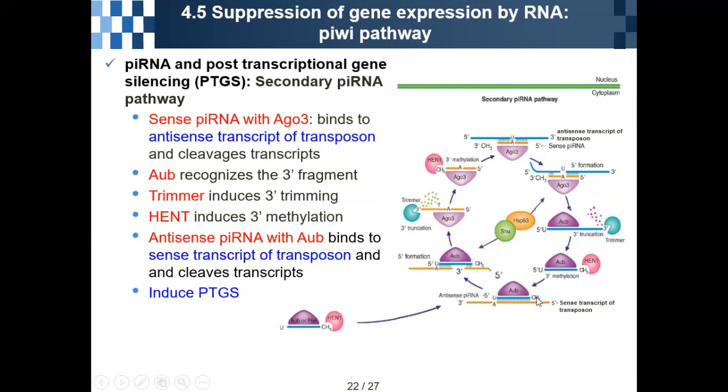And finally, the piRNA with AUB can bind to this one and induce PTGS. Okay, so I will give you the picture, and you have to explain the steps.